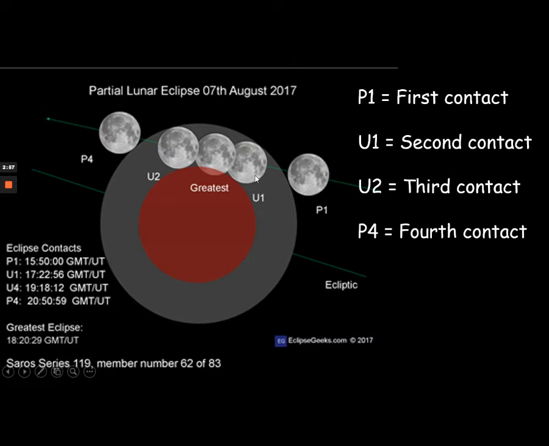So, how far does it have to go to get across the diameter of the Earth? Well, it's not the first contact to the fourth contact, because that would be the diameter of the Earth plus the diameter of the moon. And this is the bit that might seem a bit tricky. So if I take the left hand side of the moon, it's now on the right hand side of the Earth, and here the left hand side of the moon is on the left hand side of the Earth.